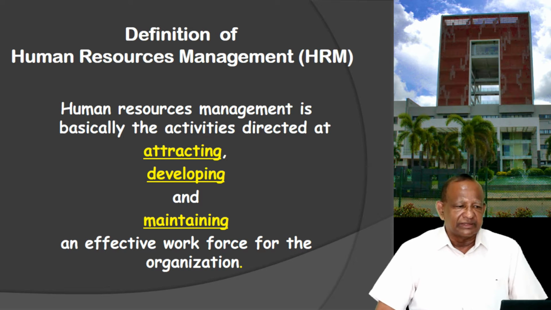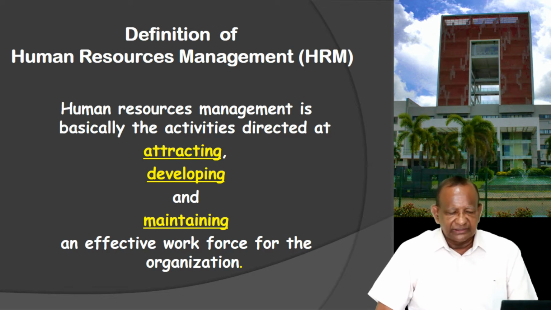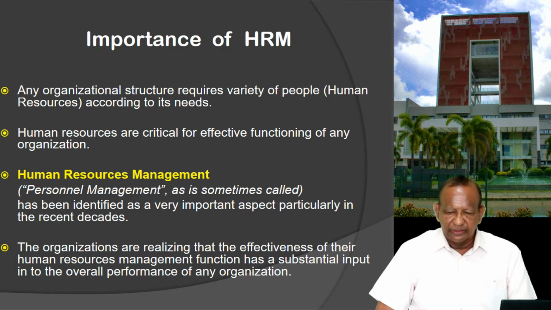Human resource management is basically the activities directed at attracting, developing and maintaining an effective workforce for the organization. Three topics: attracting, developing and maintaining the workforce. Those are the main areas of human resource management.